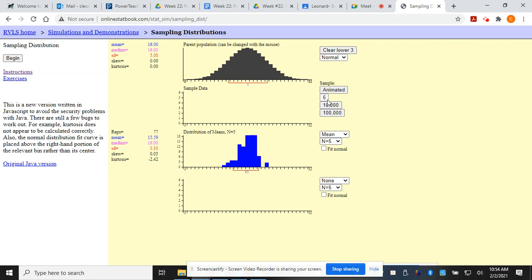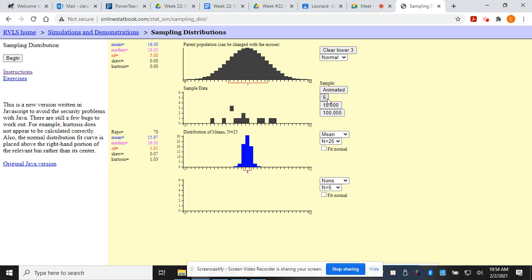And as I keep doing more and more, and this is only a sample size of 5, did it start out perfectly normal? No, it looked like it was kind of left skewed at first there. The more samples I'm taking, yeah, it's kind of starting to level out. What if I change my sample size to 25? I don't want to go through animating it.